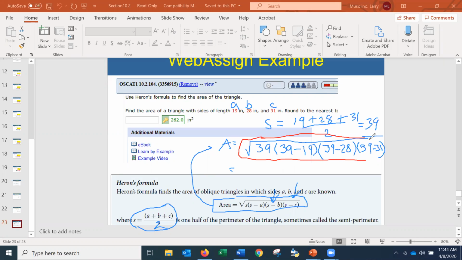Make sure that all your parentheses are matched. When you first type in the square root symbol, your calculator might automatically put a left parenthesis for you. So you have to make sure at the end to put in a right parenthesis to match the left parenthesis.